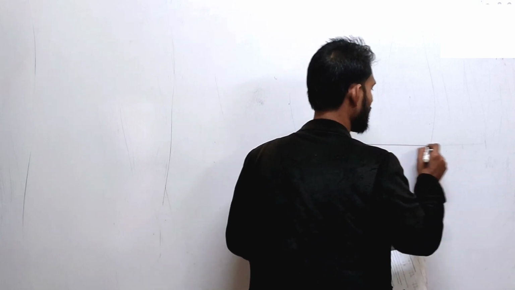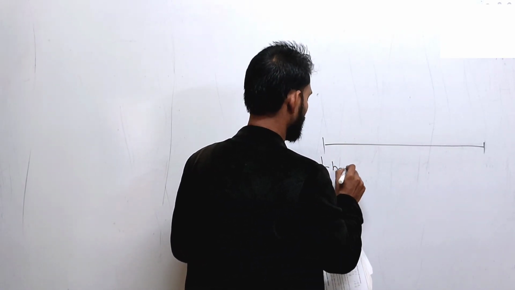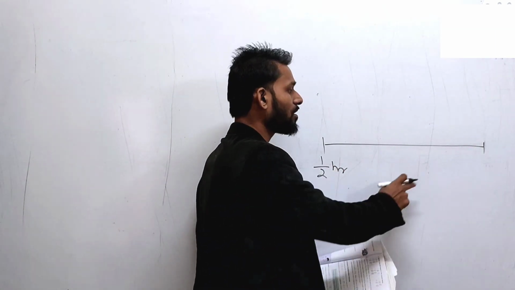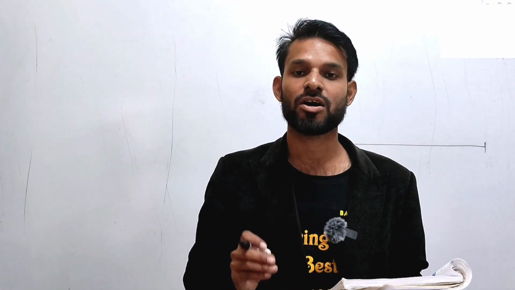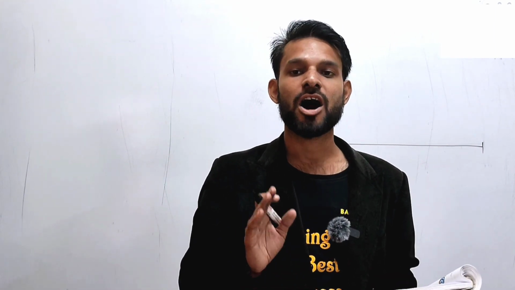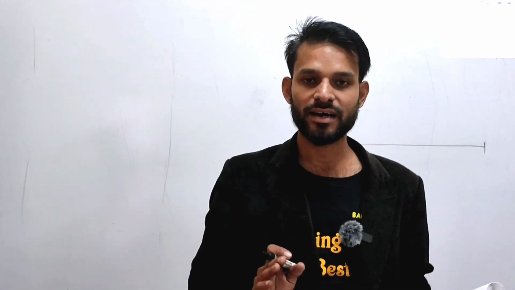Have you understood? Now we have to find what fraction of an hour is taken up by advertisement. Clear? And also we have to find how many minutes that is. Clear? So now we go to the solution.